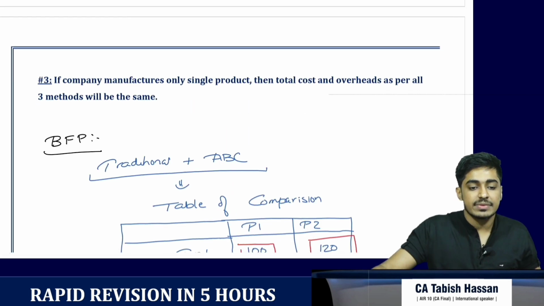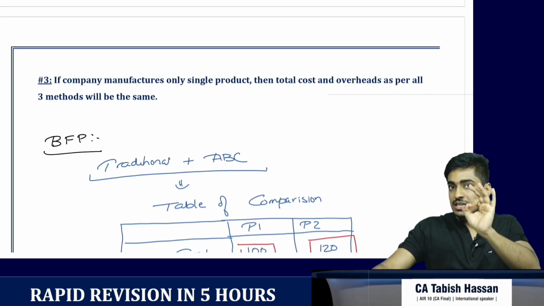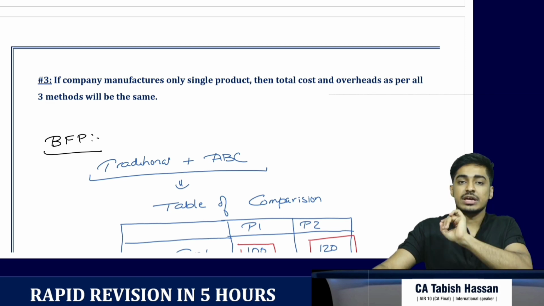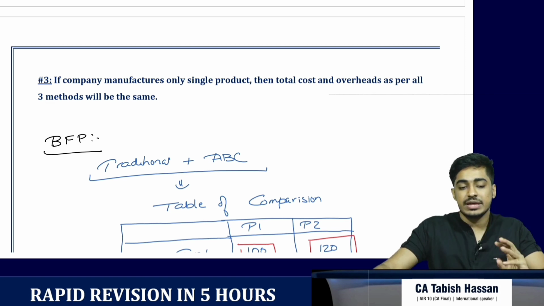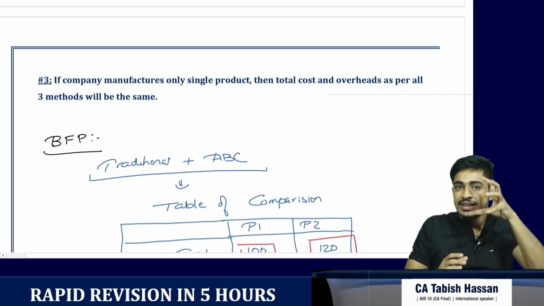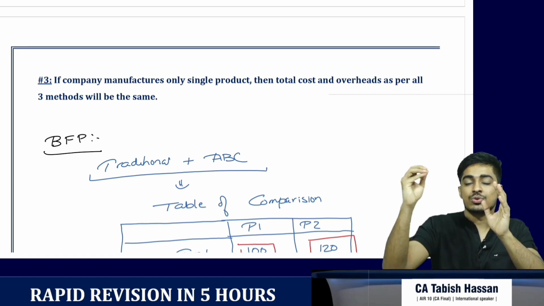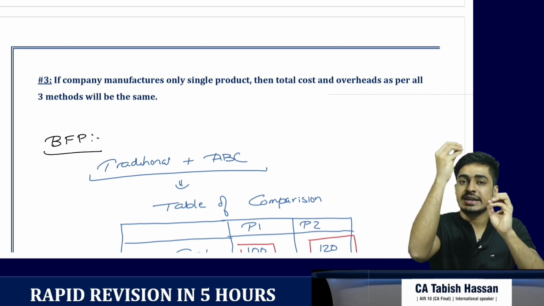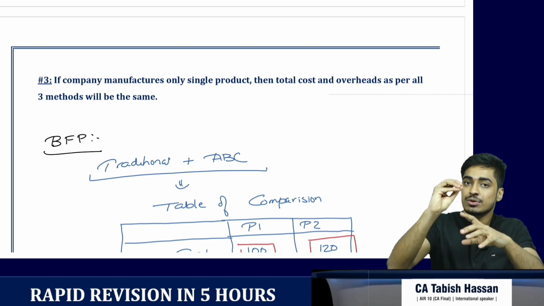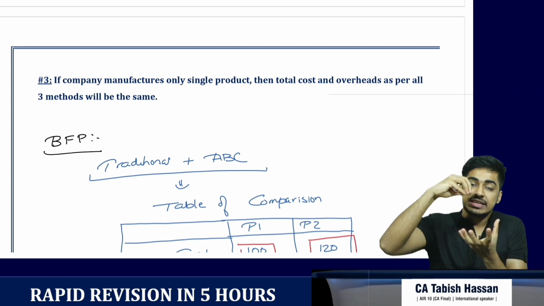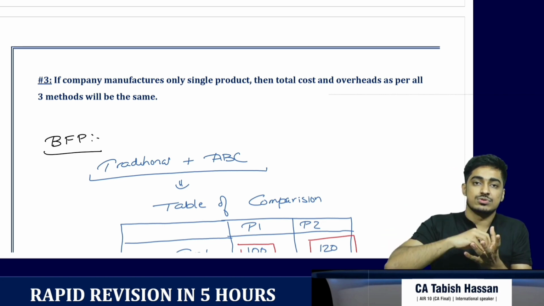Clear? And then if company is manufacturing only one product, then the total cost and overhead cost per unit again will be same, because ultimately this 10 crore, whether we are distributing it based on 5 crore, 2 crore, 3 crore, or activity wise, or the entire 10 crore, ultimately this 10 crore is being absorbed by this one unit only, one type of goods only.